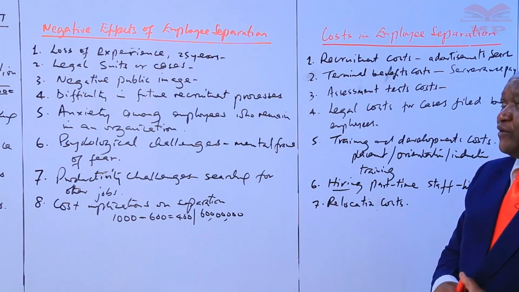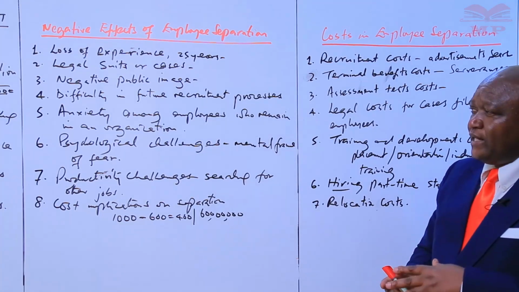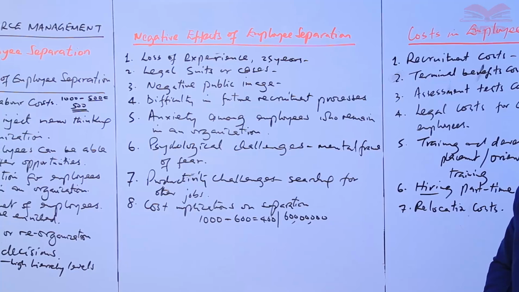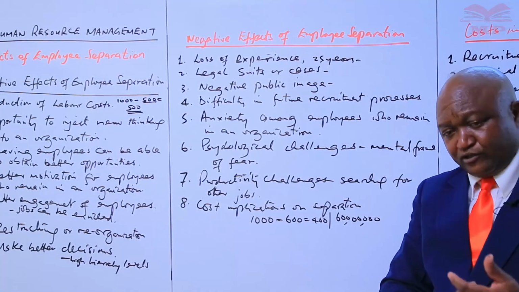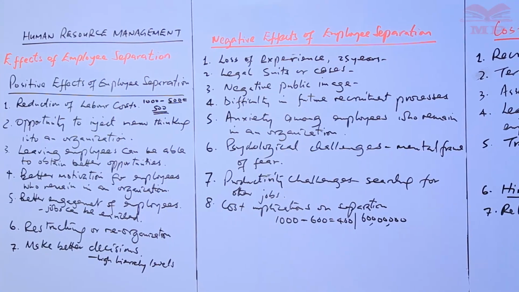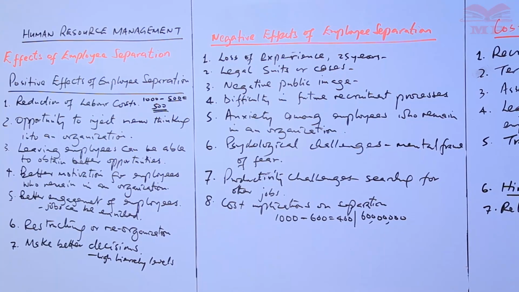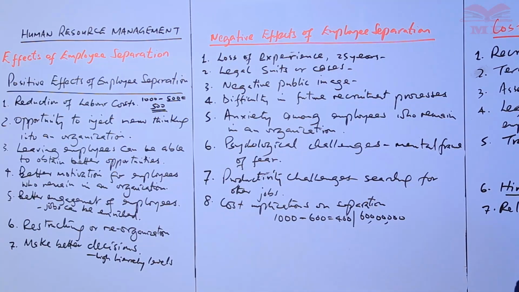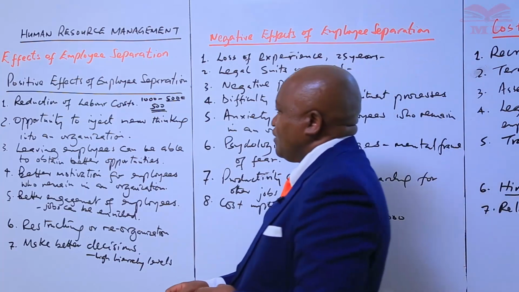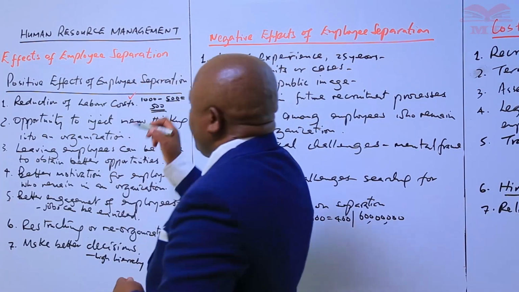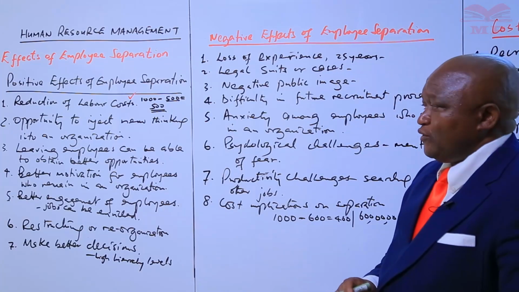So Lana, today we have looked at effects of employee separation, and we have mentioned positive effects of employee separation, negative effects of employee separation, and the costs associated with employee separation, where we have indicated that one of the positive effects of employee separation is that it can lead to reduction of labor, number one.